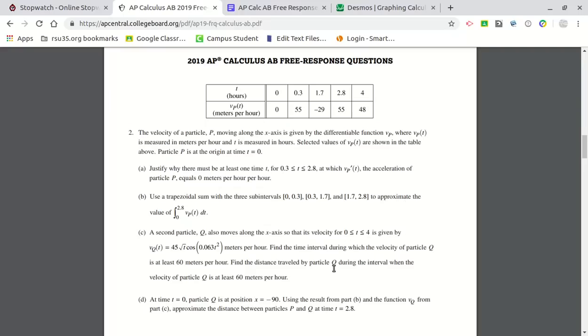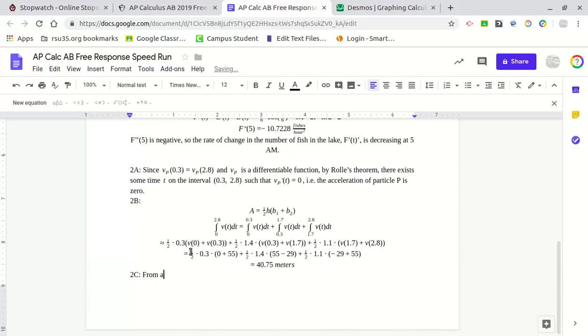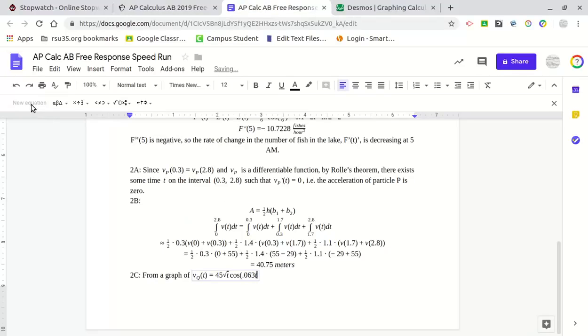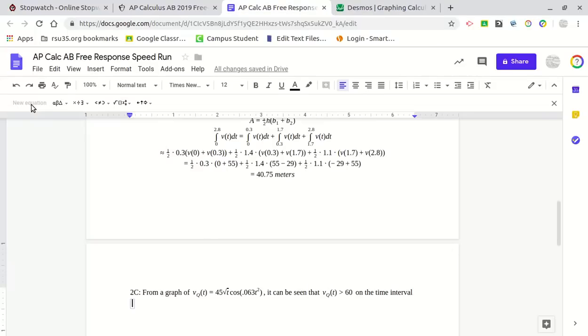So I'm not exactly sure how the AP exam wants me to word this, but from a graph of vQ of t, and then I'll repeat the function for good measure, 45 square root t cosine of 0.063 t squared, it can be seen that vQ of t is greater than 60 on the time interval 1.866 to 3.519.